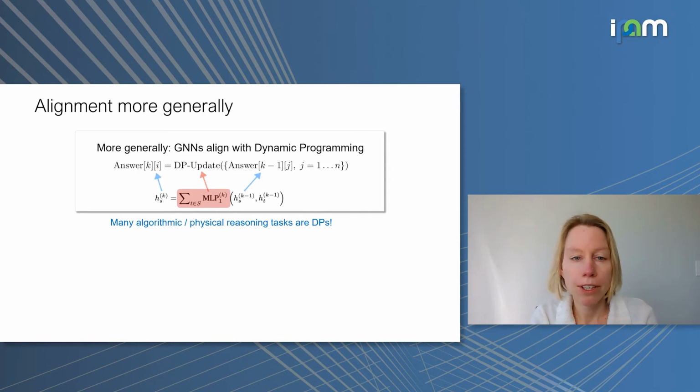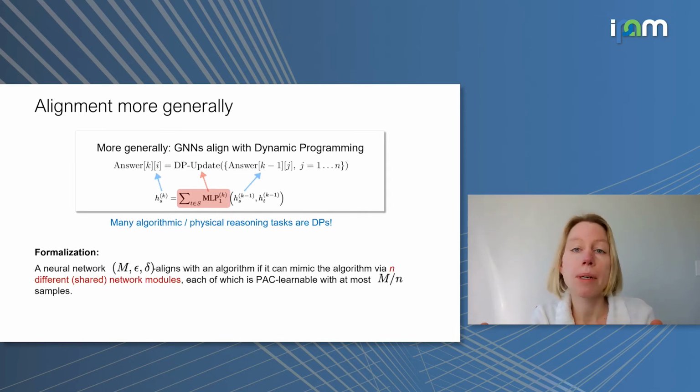Now, this is very nice. And how can we formalize this a bit more? I had promised you we'd try to formalize it. The way we formalize it here is by relating it to a PAC learning framework. We say that a neural network aligns with an algorithm if it can mimic the algorithm via n shared network modules. So this would be n different MLPs here.